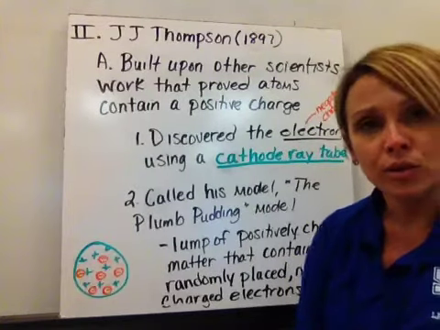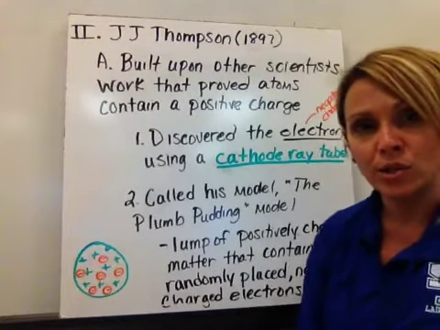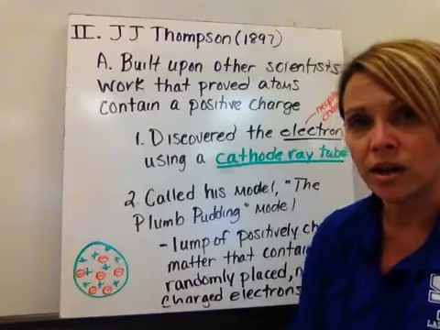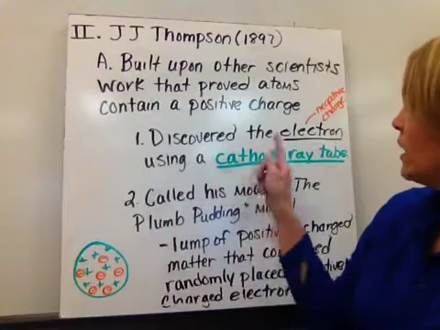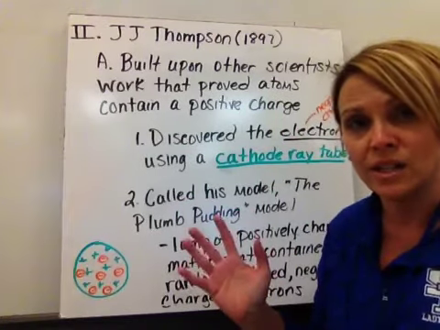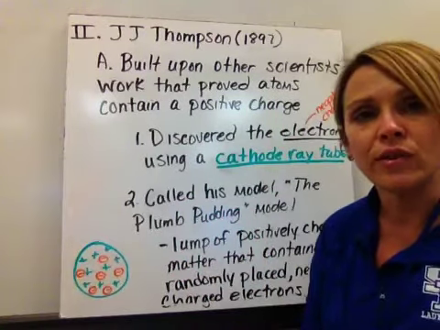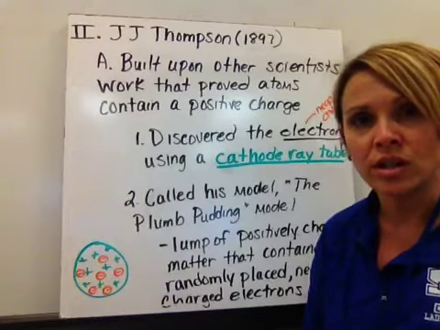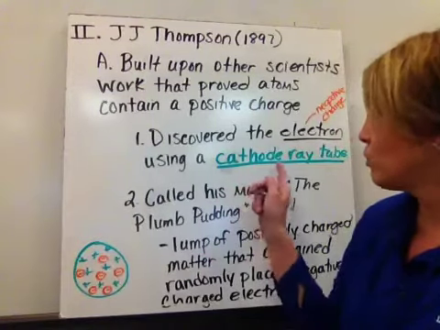However, he used a cathode ray tube to discover the electron. And so you can see here that electrons, hopefully this isn't totally new, have a negative charge. So he discovered the negatively charged electron using the cathode ray tube.